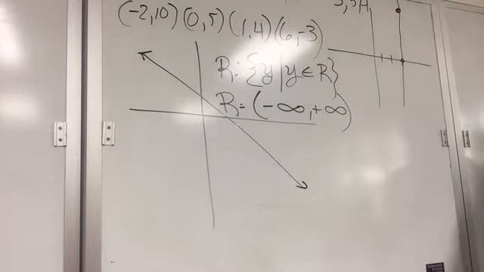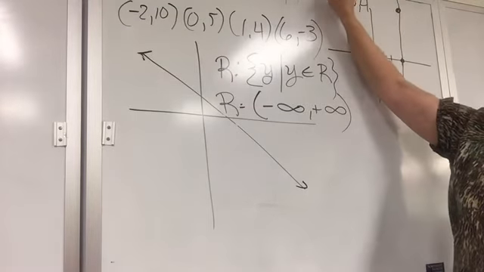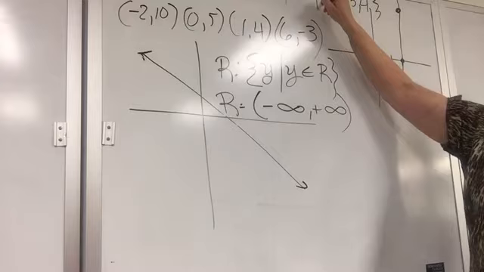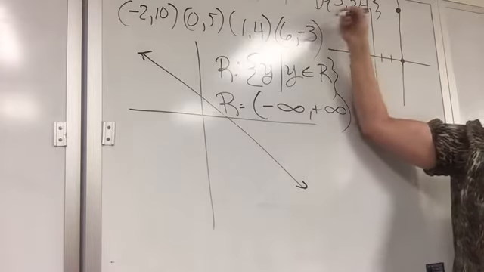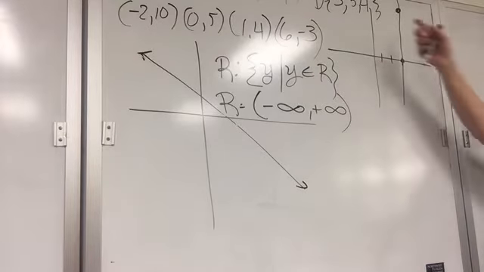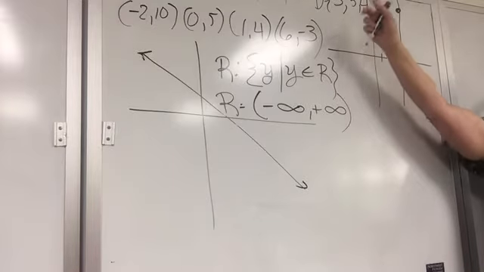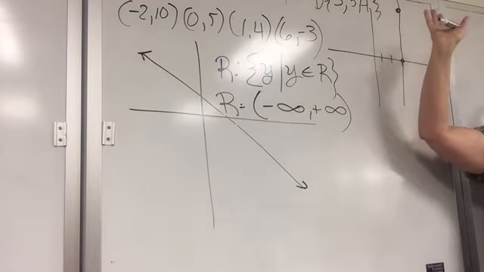We would not write that other 3 again. So the domain is just the set 3, 4, 5. You'll have to look at your Connect Math. I don't think they make you write these in order, but they might want 3, 4, 5 in numerical order.